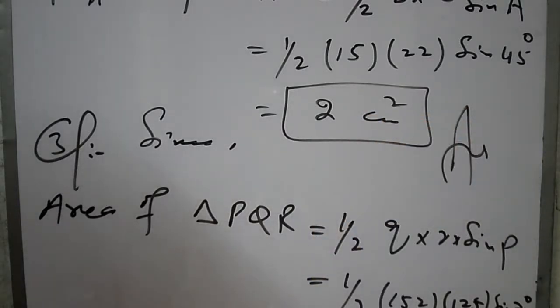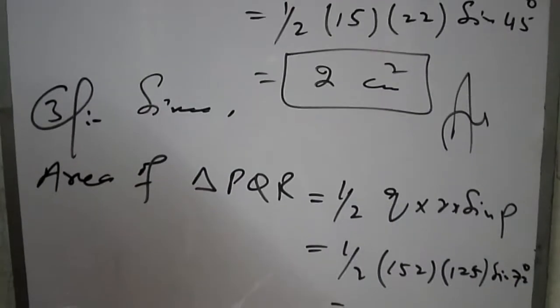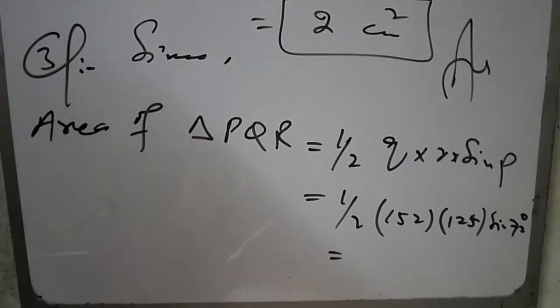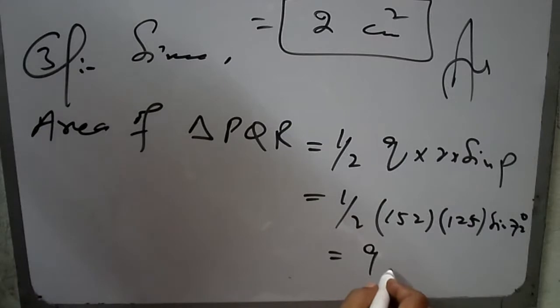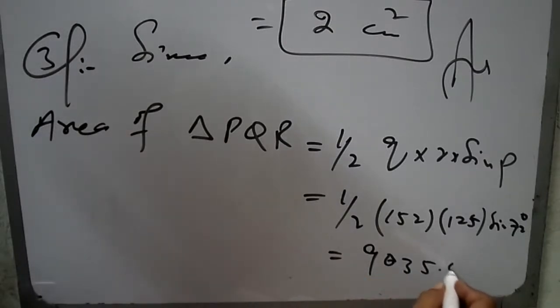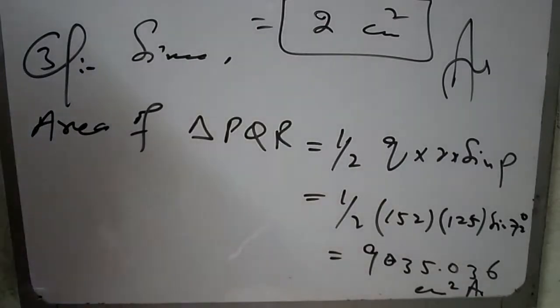Similarly, first we find the value of sine 72, so it will give you 0.95 multiplied by 125, then multiplied by 152, divided by 2, so we will get the area which is calculated here, that is 9,035.036 centimeter square. So that is your result.